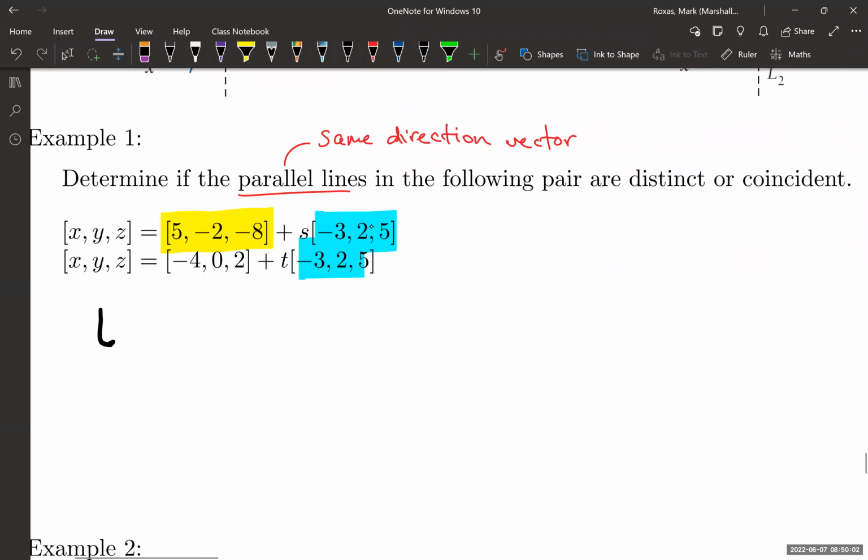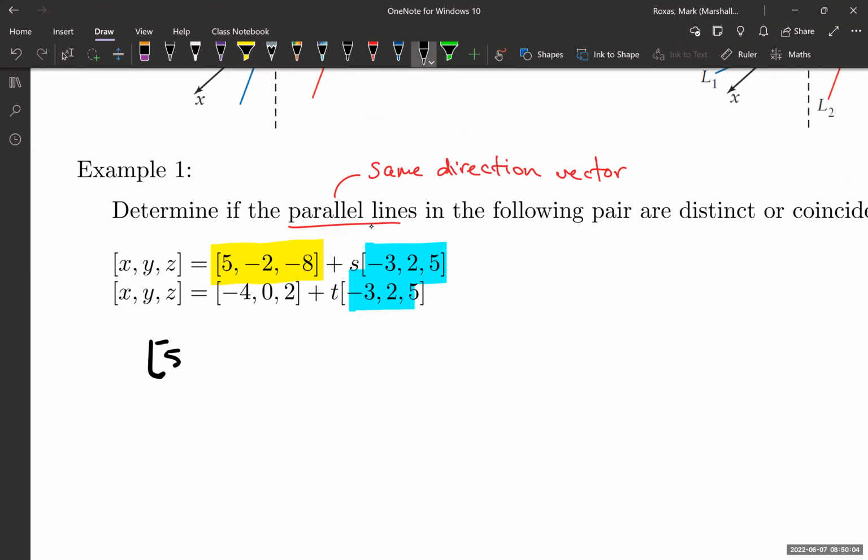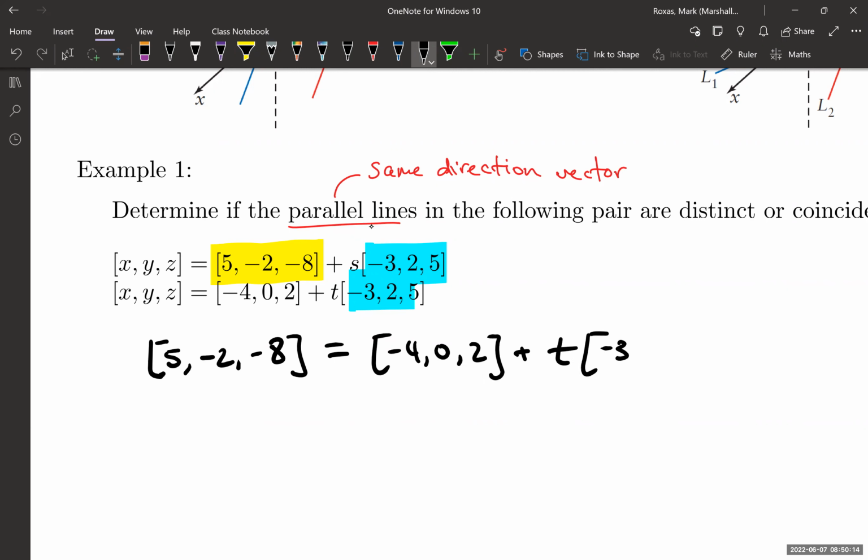there is a value of t. So if I put 5, -2, and -8 into the second line, that would equal -4, 0, and 2 plus t times -3, 2, and 5. If these two lines are coincident, then there should be a value of t that makes this statement true.